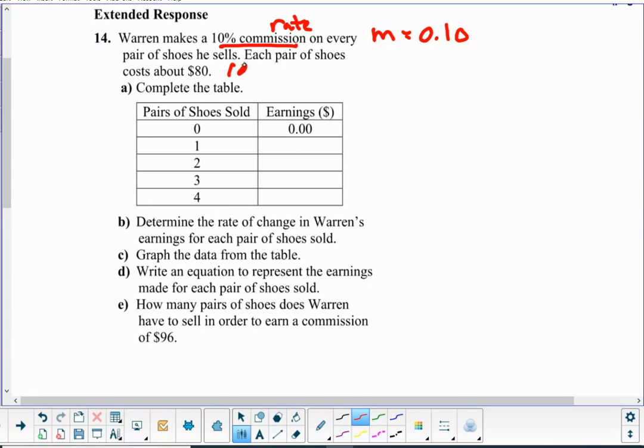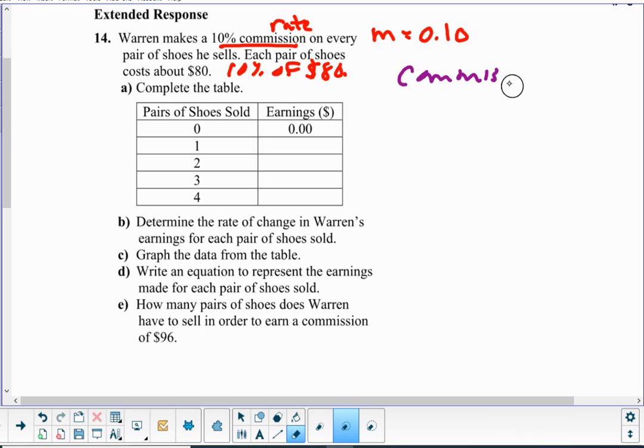So we'll say that his commission equals $80 times 0.10.